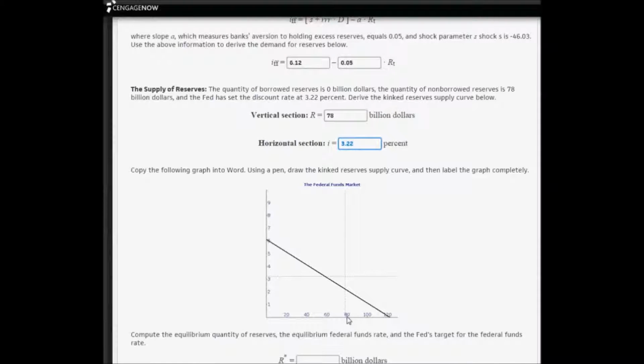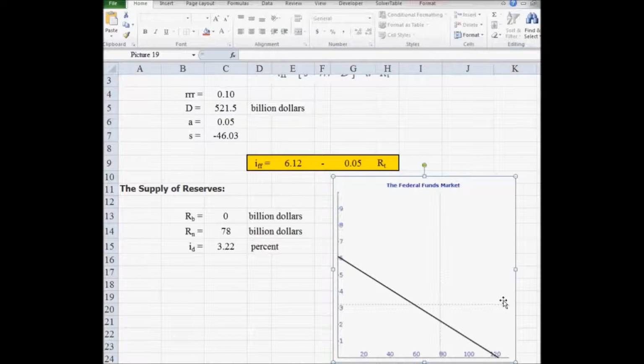So down here we have the supply curve, which is this part of the dashed cross, and the horizontal section here. It's the L shape right here. The demand curve, and then the equilibrium is right here. I've copied and pasted the diagram from Cengage Now here into Excel.